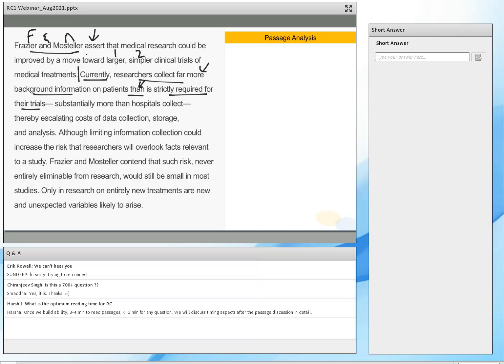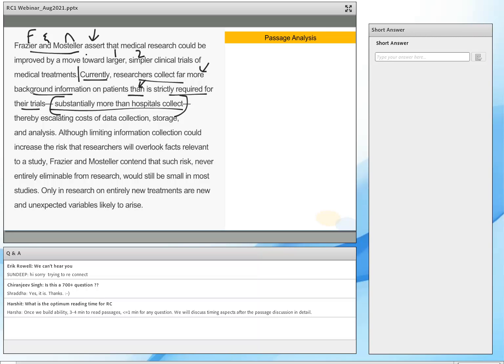And then between these two long dashes, we see another comparison coming up: substantially more than hospitals collect. Now, what is this comparison doing here at this juncture in the passage? We really cannot say how much information is collected by hospitals, but by plugging in this comparison, the author just wants to tell us that these clinical trials collect a huge amount of data.